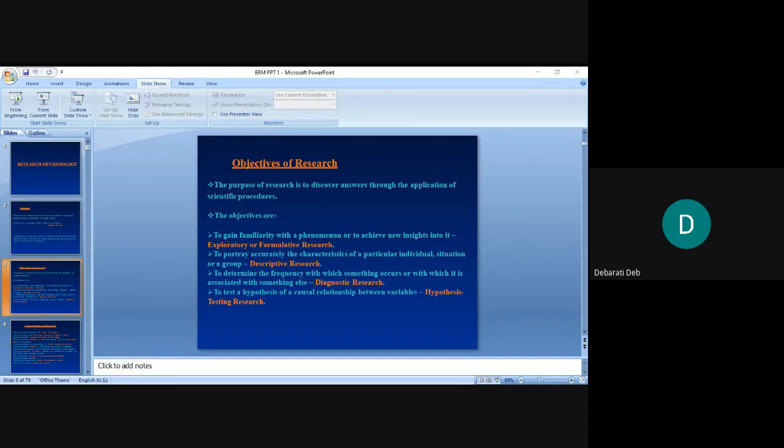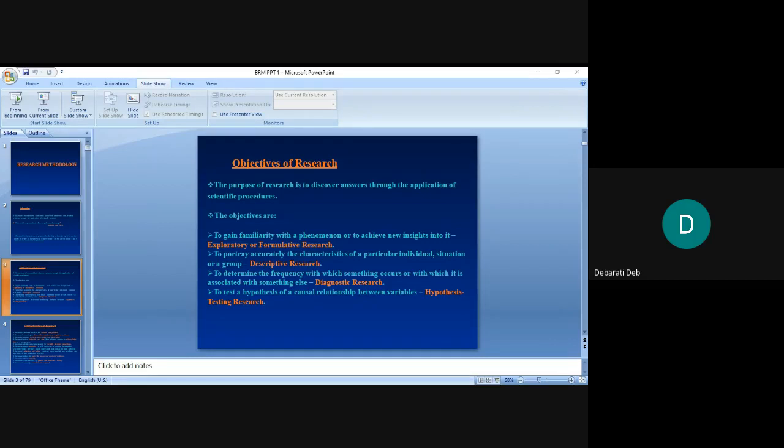So that is already a phenomenon, but you don't know much about it. So what you will do is go inside the Big Bazaar and try to gain familiarity with this phenomenon. And also you will try to achieve new insights. That means you have to find out something new within that environment. What you can find is that what you are seeing is not actually the case.